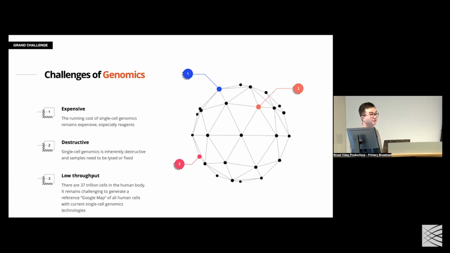First of all, it's still very expensive, and it's kind of a luxury game: it depends on how much funding you have and how many cells you can sequence, which gives different competitive advantages. Although the cost per cell has dropped significantly, it's still quite an expensive experiment to run.